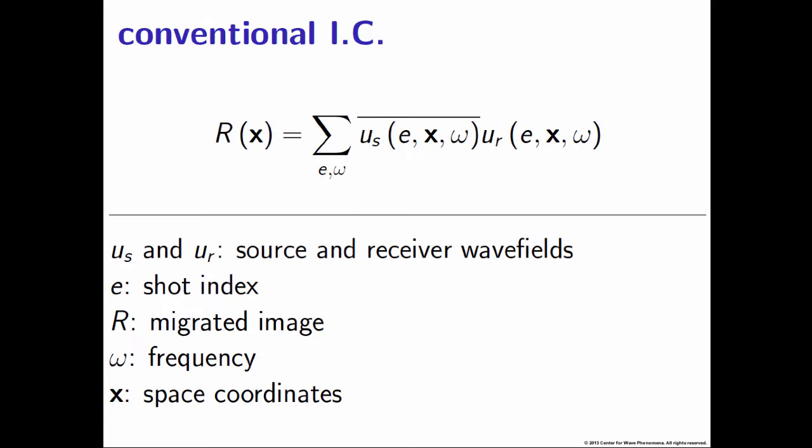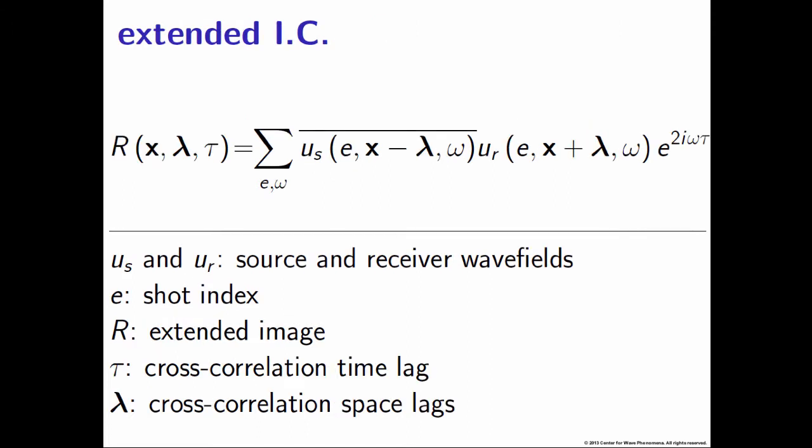For example, this formula shows you the conventional cross-correlation imaging condition formulated in the frequency domain. The output of this operation is an image as a function of space, x. This is a special case of the extended or generalized imaging condition, where we preserve the cross-correlation space and time lags.